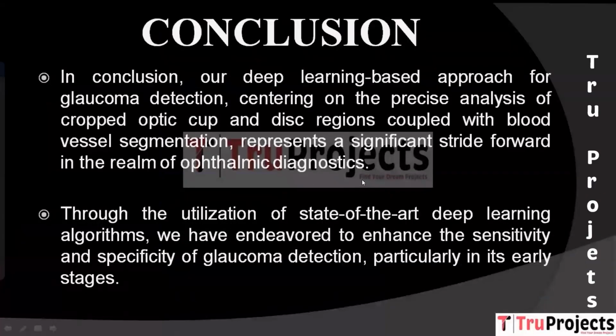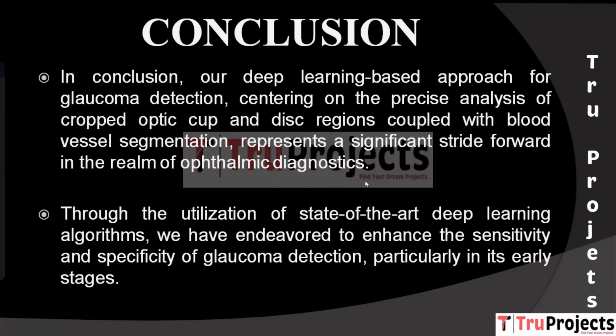So now coming back to the conclusion part. In summary, our innovative methodology for glaucoma detection grounded in deep learning stands as a noteworthy advancement in the field of ophthalmic diagnostics. Our focus on meticulous analysis, specifically targeting the cropped optic cup and disc regions in conjunction with intricate blood vessel segmentation, reflects a substantial leap forward in the precision of our diagnostic capabilities.